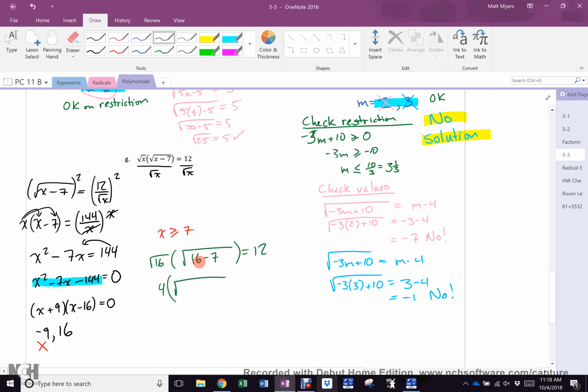What is 16 minus 7? 9. What is the square root of 9? 3. 4 times 3 equals 12. Does 12 equal 12? Yes. In my universe, 16 is cool.